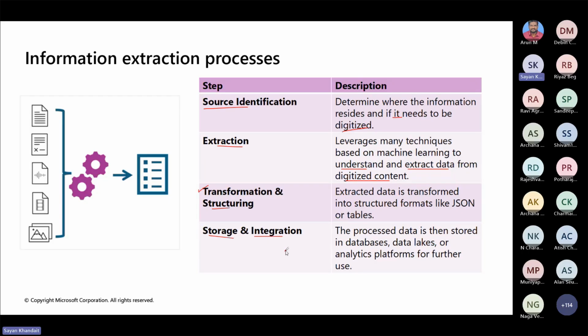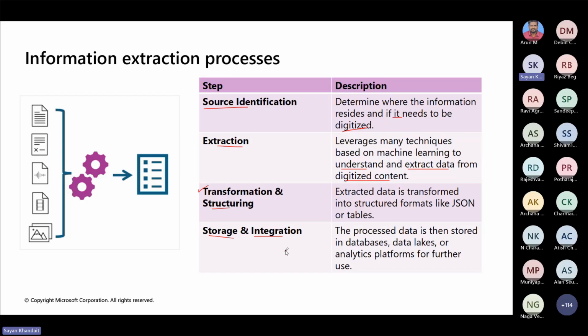So after the data has been extracted from the data source and transformed, this processed data needs to be stored somewhere. This somewhere can be a database, a data lake, or an analytics platform for further analysis. That completely depends on the user.